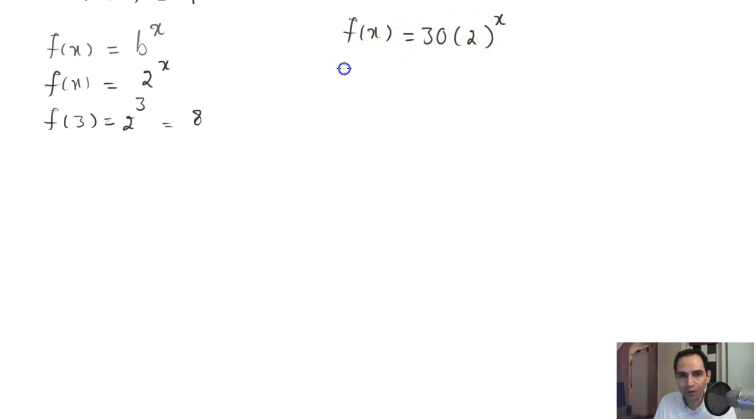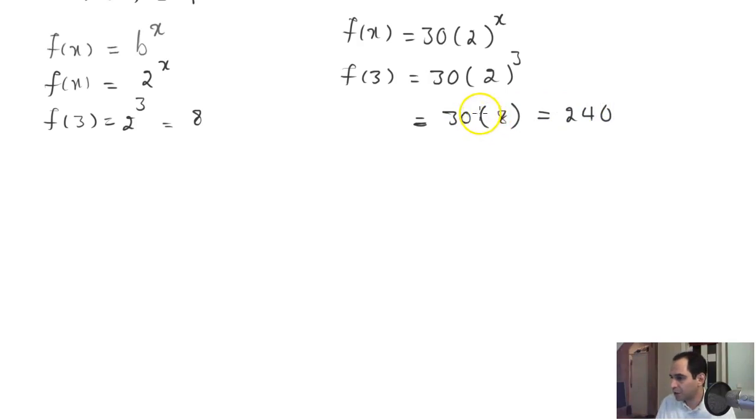Here f of 3 is equal to 30 times 2 raised to the power 3. First, you cannot multiply before you raise 2 to the third power. So you write this as 30 times 2 cubed, which is 30 times 8, and this is equal to 240. That's how you follow the order of operations.